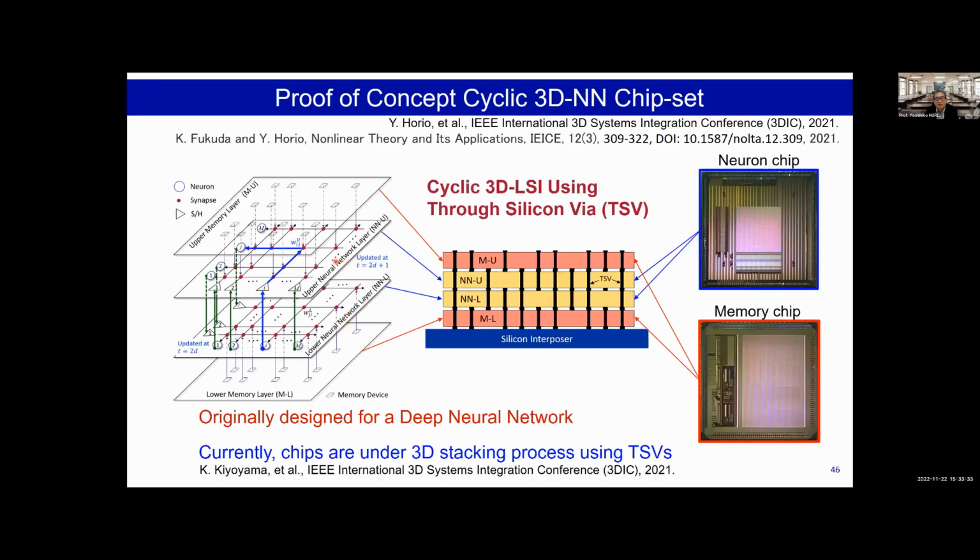So we made a proof of concept chipset using three-dimensional integrated circuit technology using TSV. I will not go into this chip this time, but I would say that we made the chip and it works fine, and we tested it with word recognition. Actually, the full integration is currently ongoing.